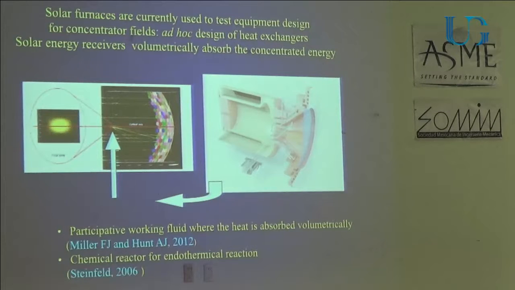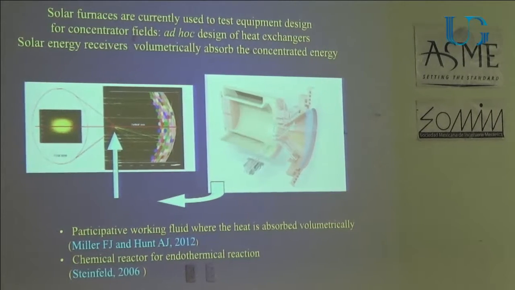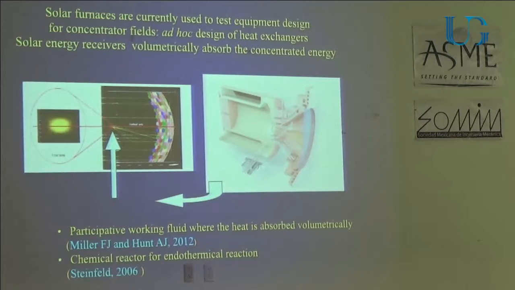We do have a lot of energy at this spot. The point is, okay, now what would we do with the radiation? How can we convert this very much concentrated energy into useful energy?